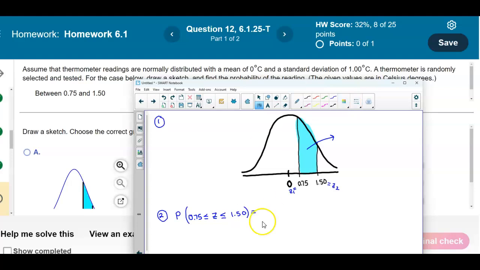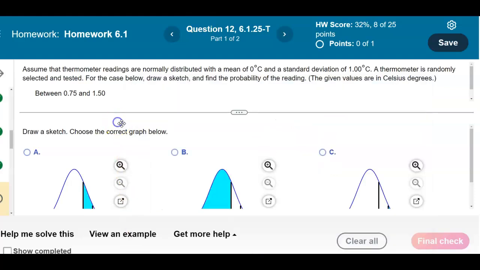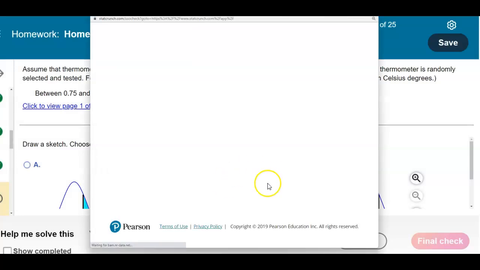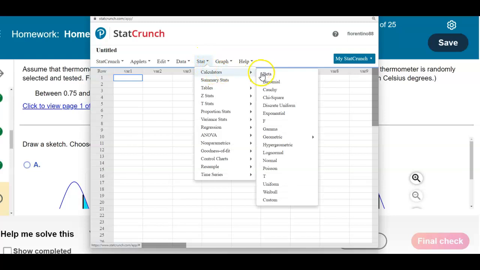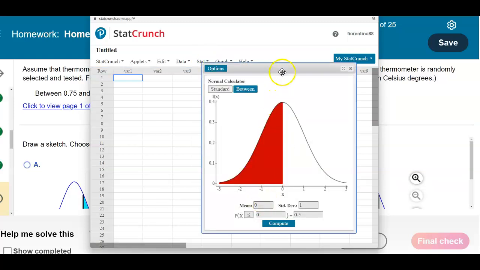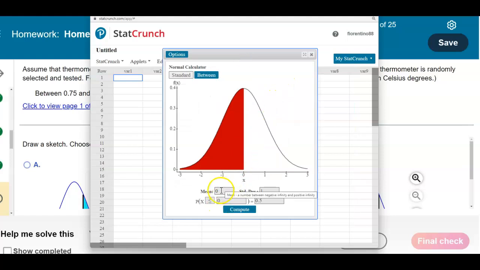In order to do that, we're going to open up StatCrunch. Again, we go to Stat, Calculators, and then scroll all the way down to Normal Distribution. We know that our mean is 0 degrees Celsius and our standard deviation is 1 degree Celsius, so we're using the standard normal distribution.